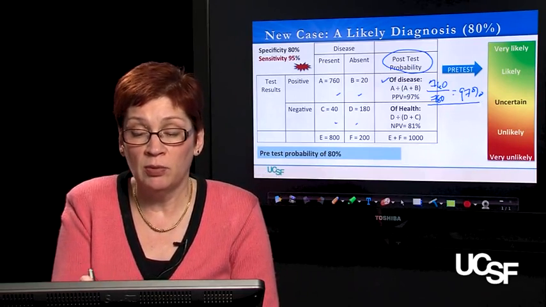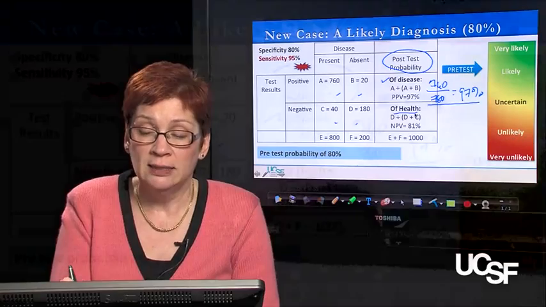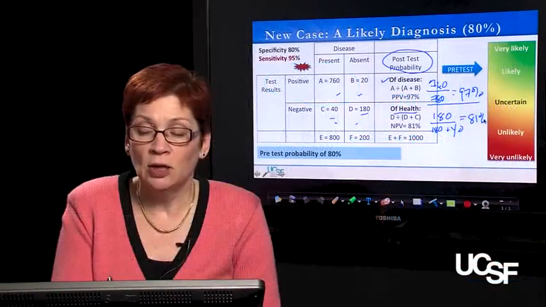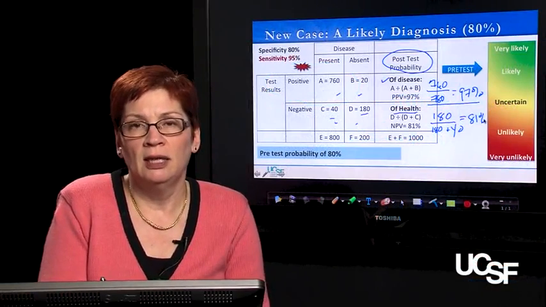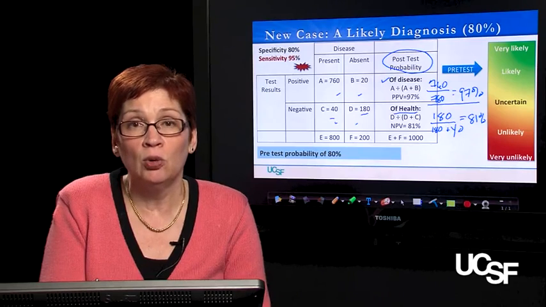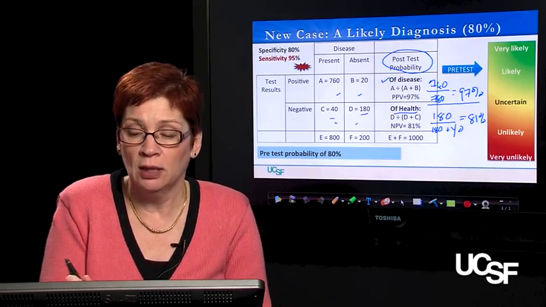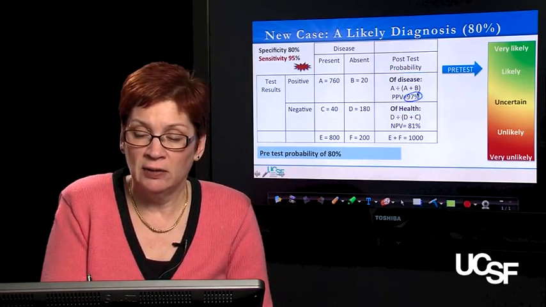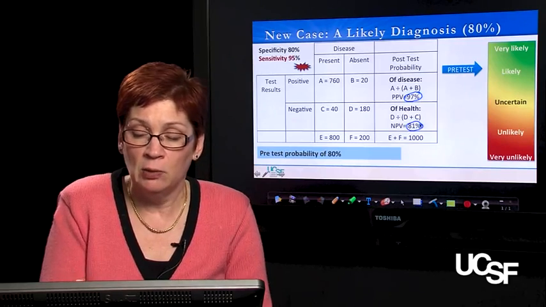And our post-test probability of health is D, 180, divided by 180 plus 40, which is equal to 81%. That's our negative predictive value, and that's the proportion of people who test negative for the disease who are actually free of disease or healthy. Positive predictive value of 97%, negative predictive value of 81%.